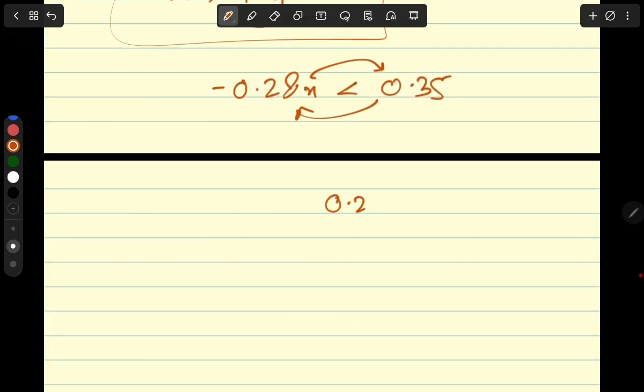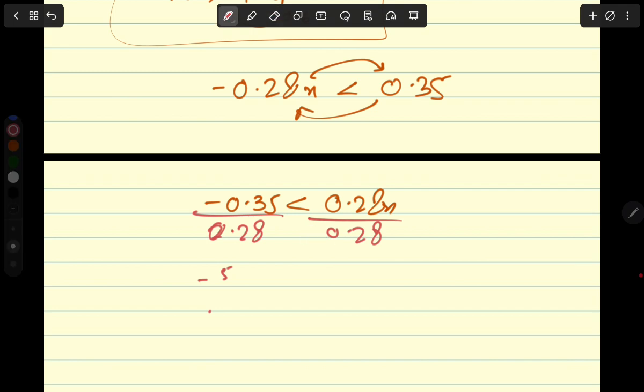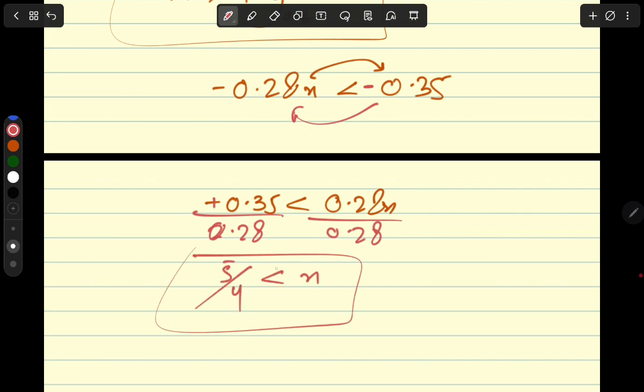This becomes 0.28x is greater than negative 0.35, and now if I divide both sides by 0.28, this was also negative 0.35, right? This is what we did. So here this becomes positive, and so this becomes 5 upon 4 is greater than x, right? So this is the reason that the sign changes.